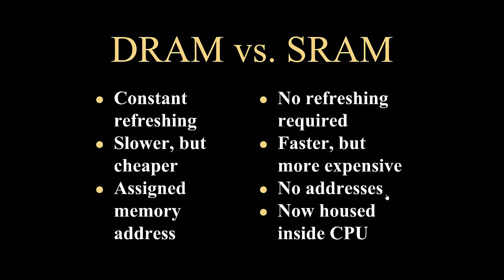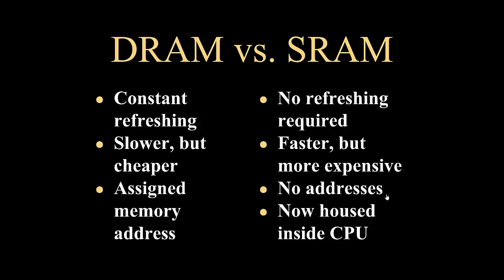Now, if you were to compare dynamic RAM with static RAM, here are the main differences. Where dynamic RAM needs constant refreshing to remember its zeros and ones, SRAM doesn't require that. DRAM is slower than SRAM, but it's a lot cheaper to manufacture, where SRAM is much faster, but it's a lot more expensive.